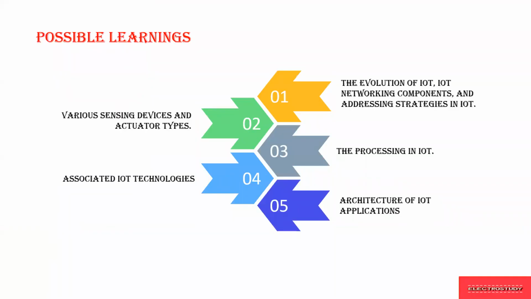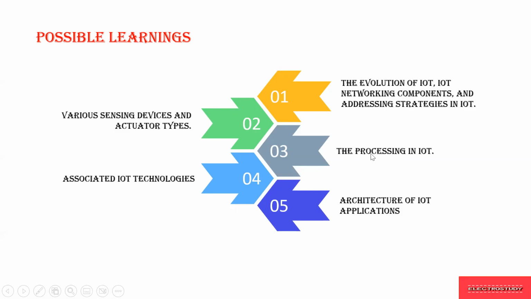So these are the possible learnings that you can take out from this lecture series, Introduction to IoT. First, you will be understanding the evolution of IoT, networking components of IoT, and addressing strategies in IoT. The second possible learning is that you will be dealing with various sensing devices and actuator types.